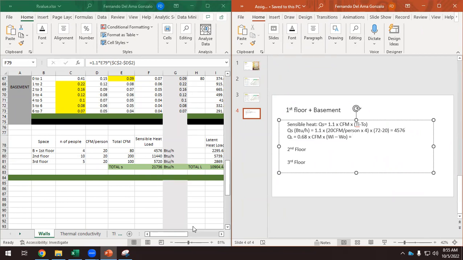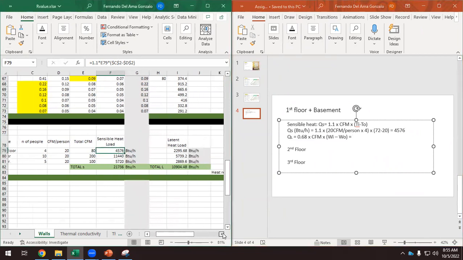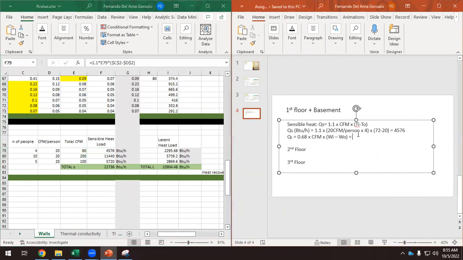The latent load is 2295. Okay, so this is the sensible load for the basement, the latent load for the basement. For the second floor, QS is 11440 and QL is 5739.